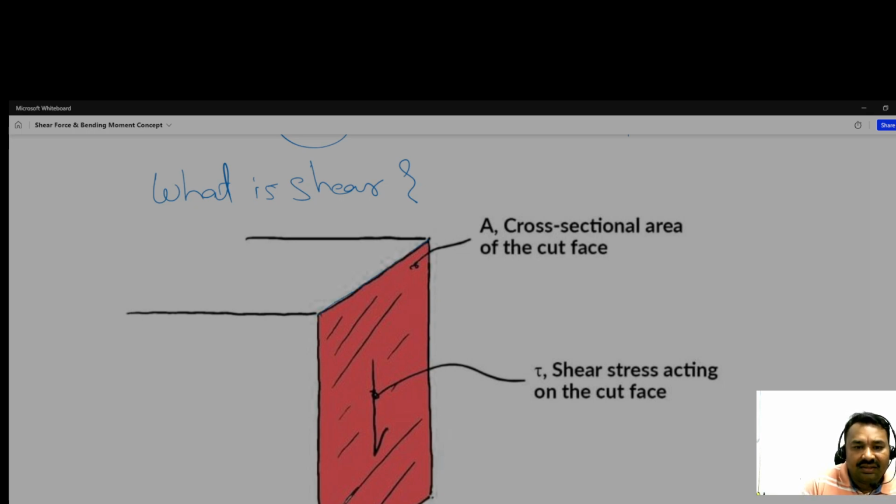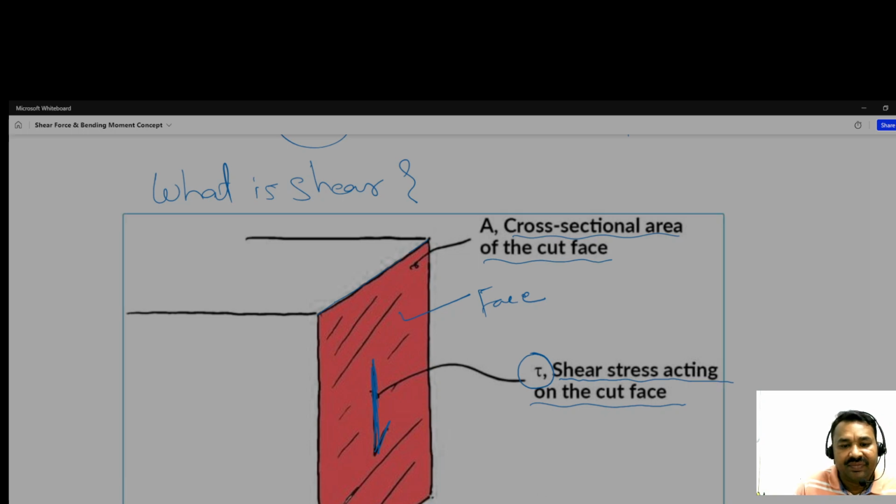You can see the surface here, and if you see the cursor, this is the direction of shear, which is denoted by tau, and this is the shear stress acting on the cut face. This face is known as the cross-sectional area of the cut. You can see how the force is acting. It will try to shear off the beam.